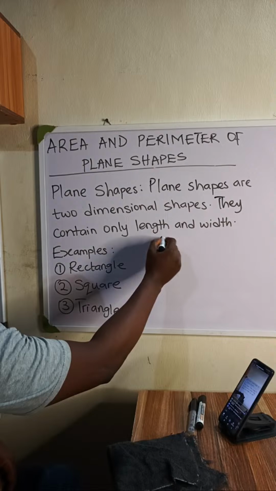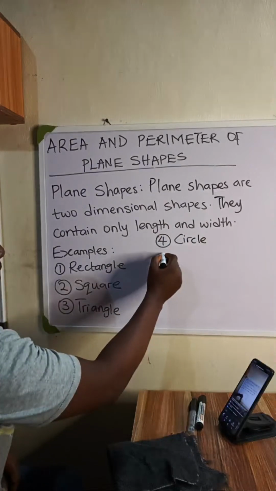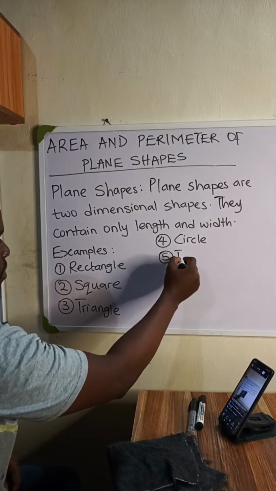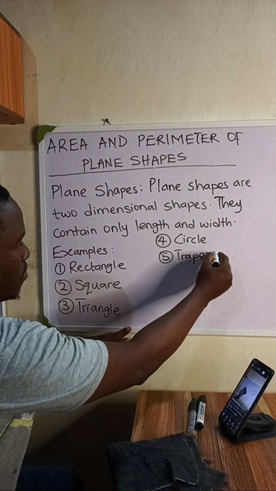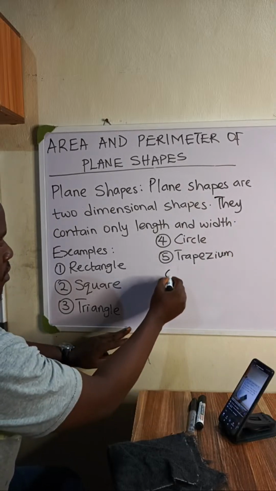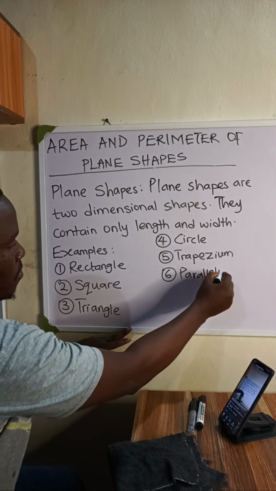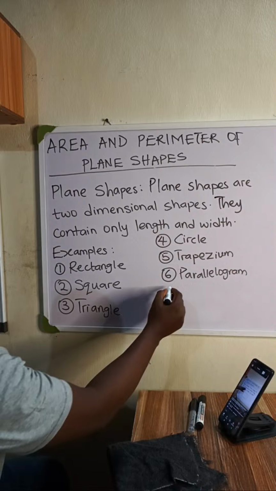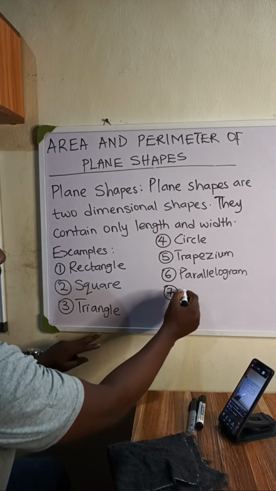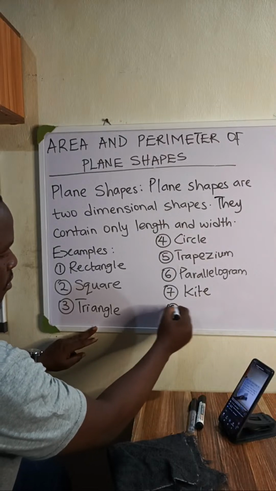Four, circle. Five, trapezium. Six, parallelogram. Seven, kite. Eight, rhombus.